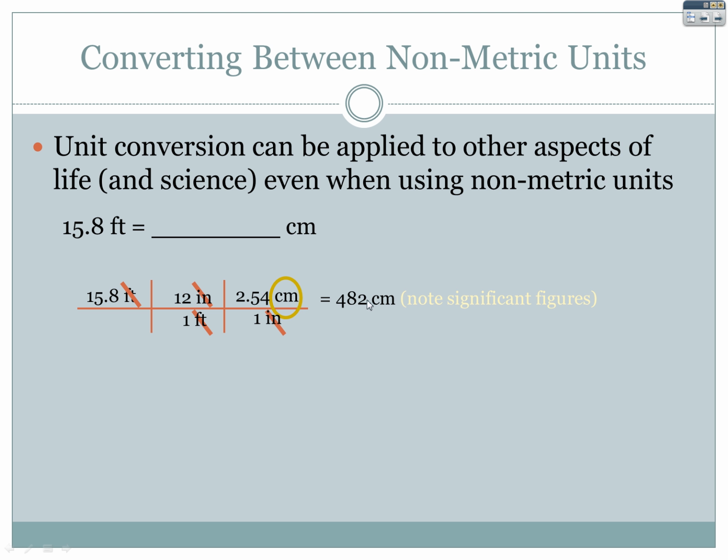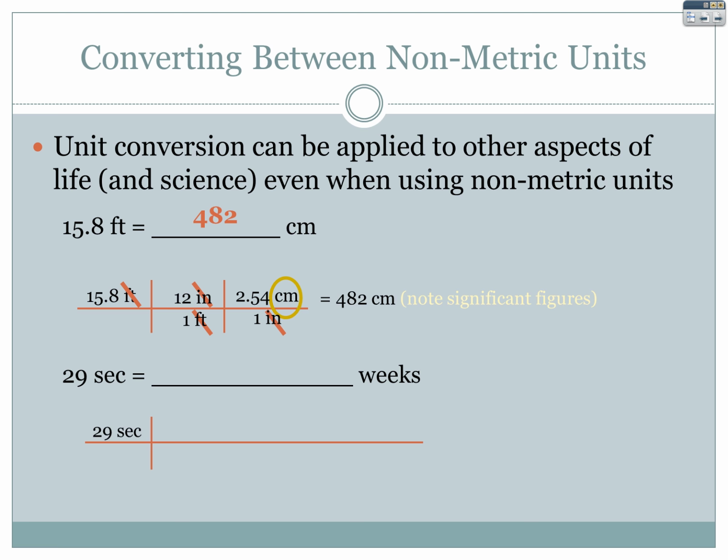Note my significant figures here. I only had 3 significant figures, so my answer has to be recorded in 3 sig figs. So 482 centimeters. This also makes sense because a centimeter is smaller than a foot, and so there should be more of them.